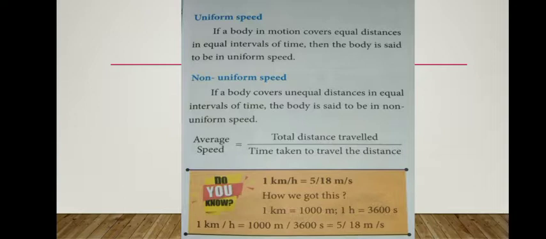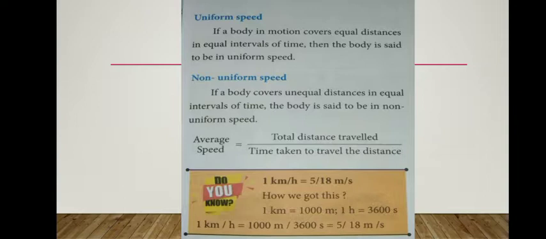But if for the first 10 minutes you travel at the same speed, and in the last 5 minutes you cover a different amount of distance, that we call non-uniform speed. So average speed equals total distance traveled divided by time taken to travel the distance.